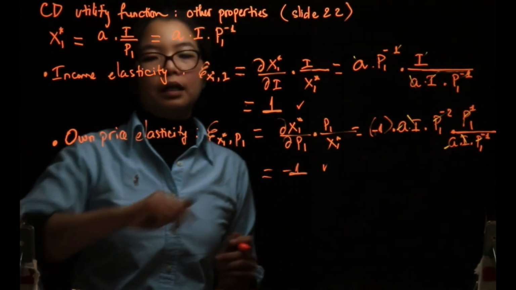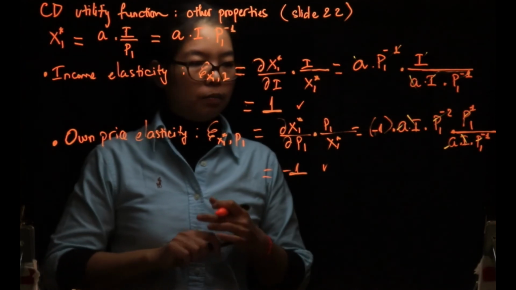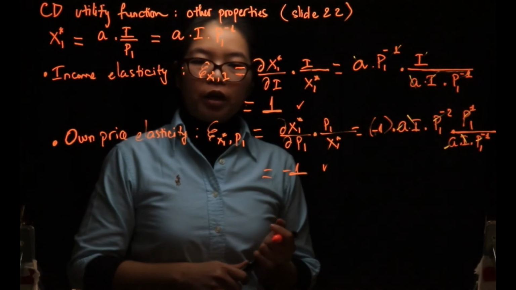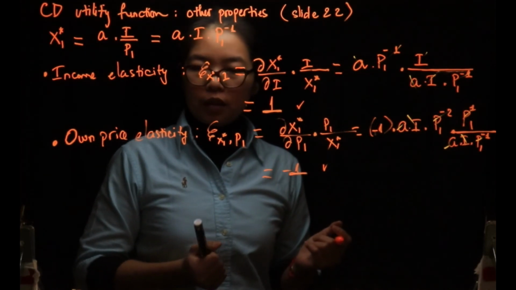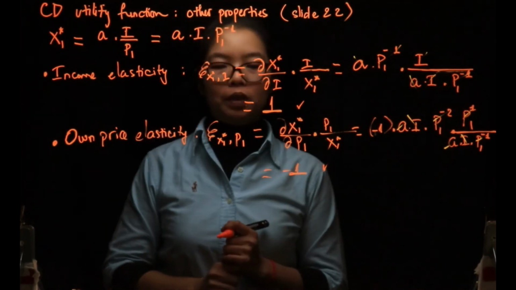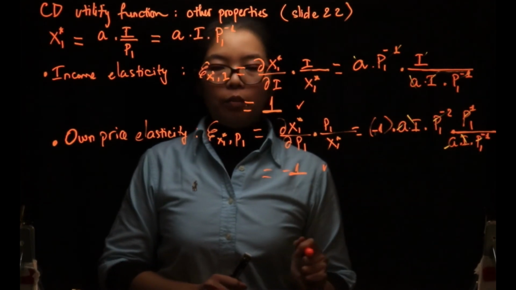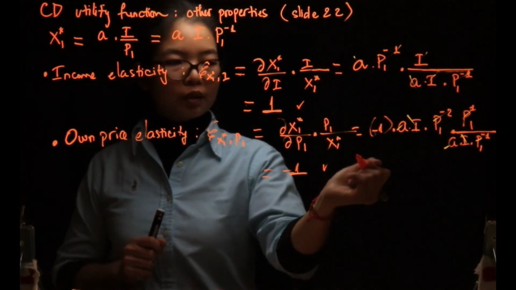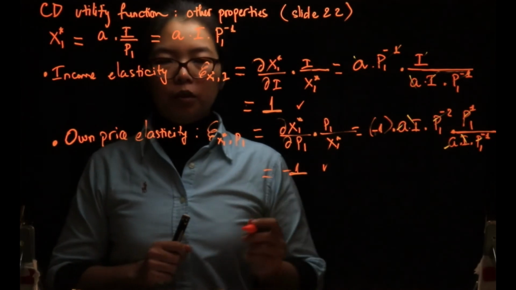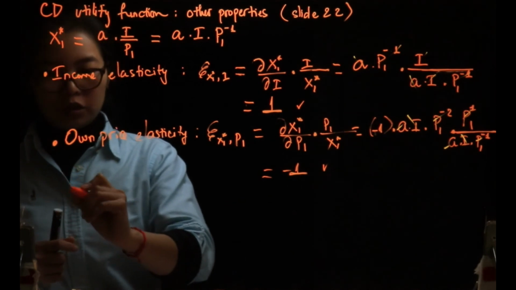So the own price elasticity of the Marshallian demand function in the Cobb-Douglas case is minus 1, meaning when the price of X1 increases by 1%, the consumption of X1 will decrease 1%, and that's also constant. Doesn't matter how much you're consuming already. You could also try these properties to derive the properties for X2 star, for example, as an exercise to yourself.